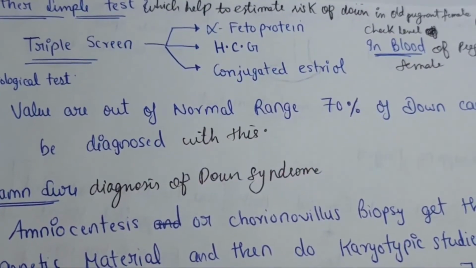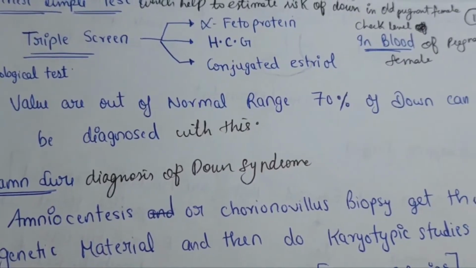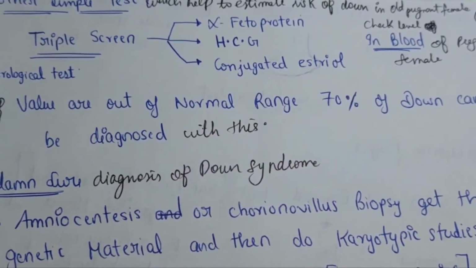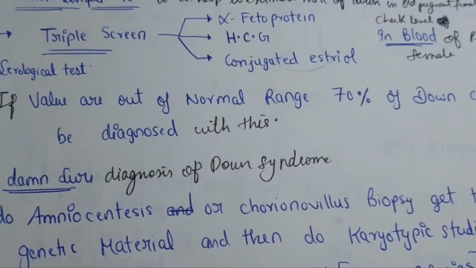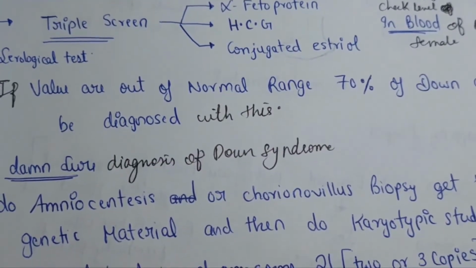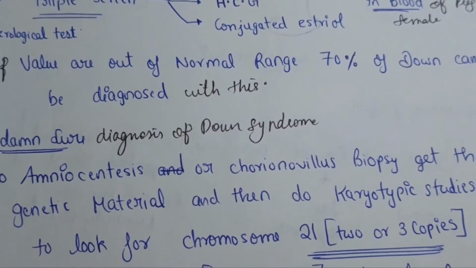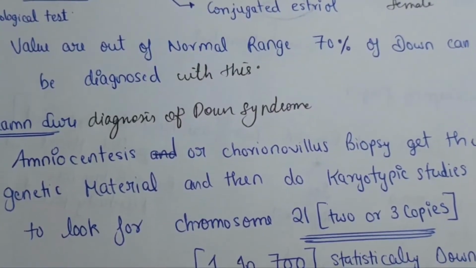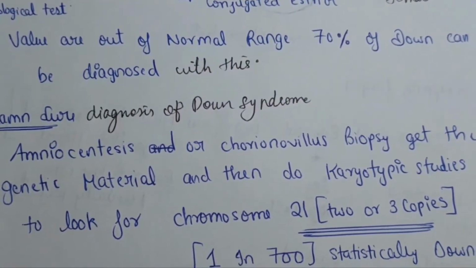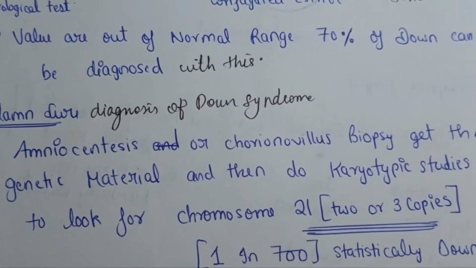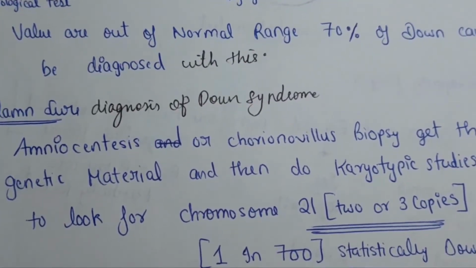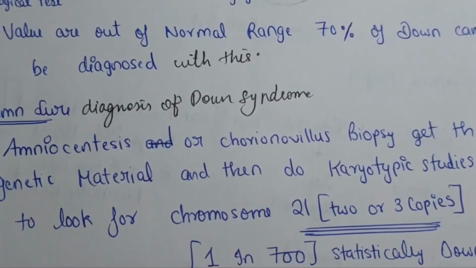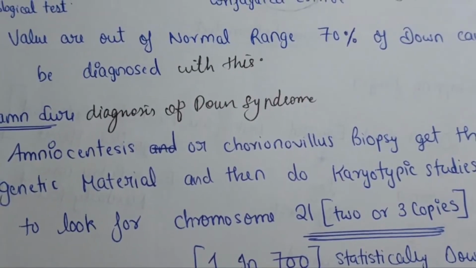If the values are out of the normal range, 70% of Down syndrome cases can be diagnosed with this test. But to confirm the diagnosis, we need to do amniocentesis or chorionic villus biopsy to get the genetic material of the baby and do karyotypic studies to look for chromosome 21 trisomy, and then we can confirm whether the baby has Down syndrome or not.